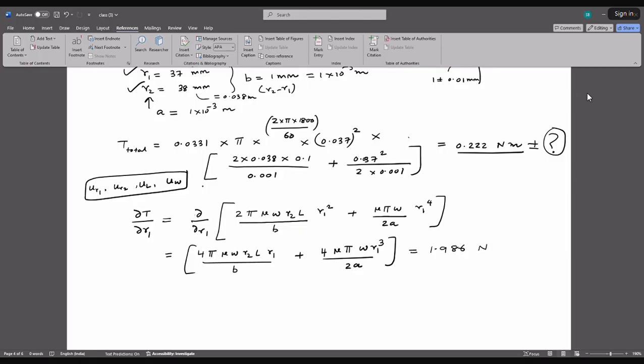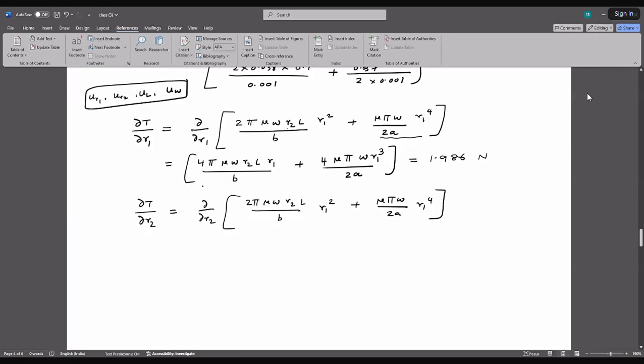Similarly, if you take dou T over dou R2, you see that R2 is only in the first term. There is no R2 in the second term, so the derivative of the second term will vanish. Let me write down dou over dou R2 of 2 pi mu omega R2 L over B R1 square plus mu pi omega over 2a R1 to the power 4.